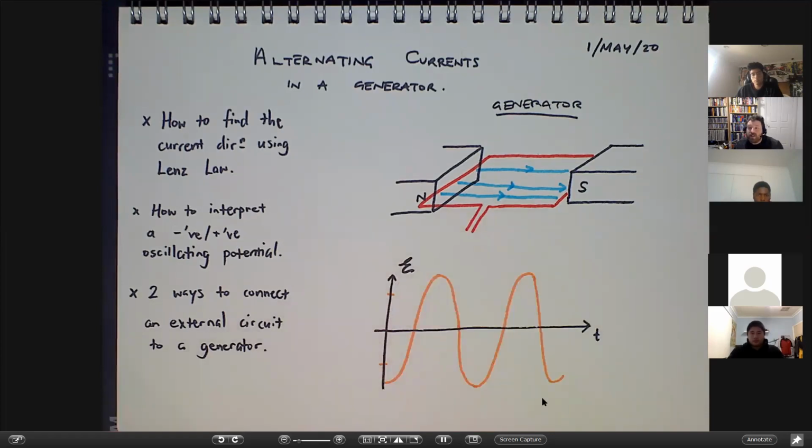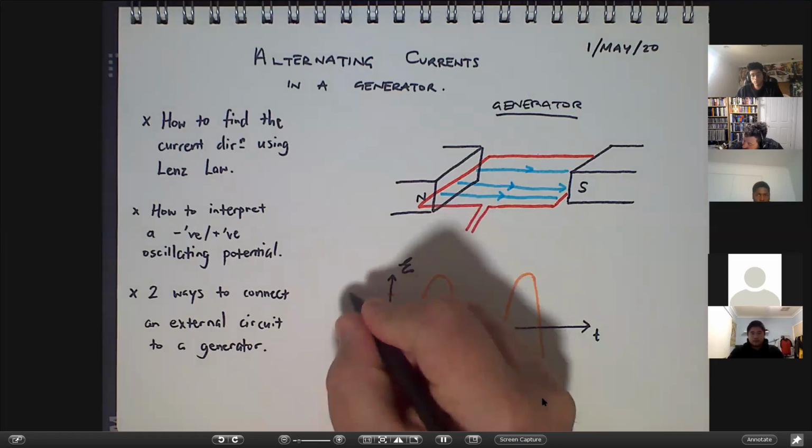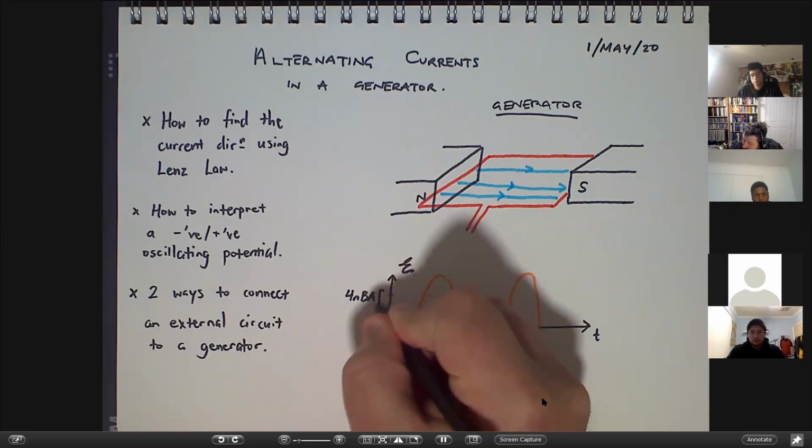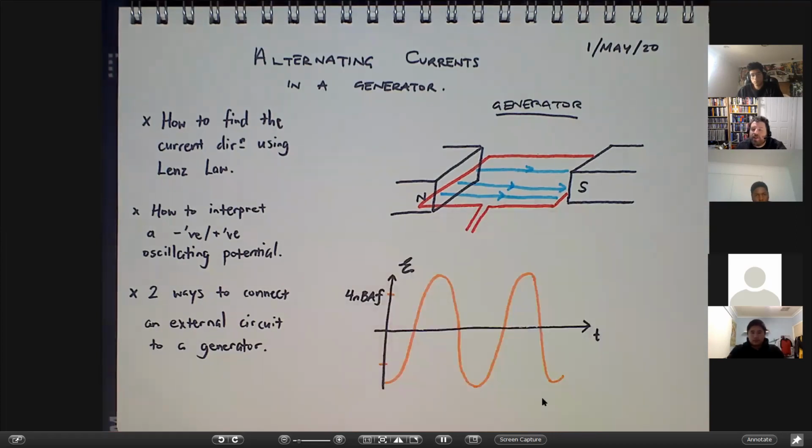And then we managed to work out an approximation for the scale here by looking at a single quarter turn. And we found that the value that you get there is 4NBAf. So when you use one quarter rotation as your approximation, you get a change of BA for N loops in a time of the period divided by 4, so a quarter loop.